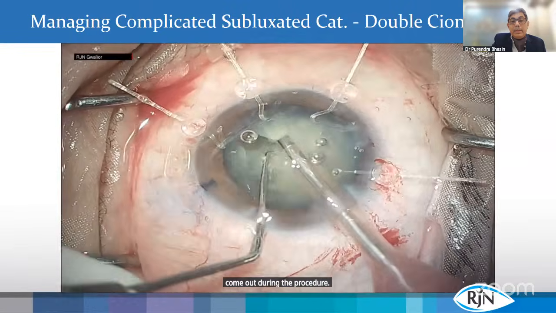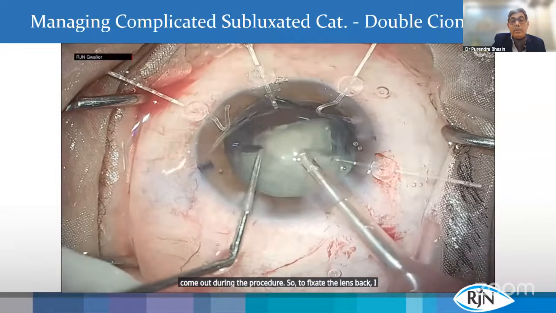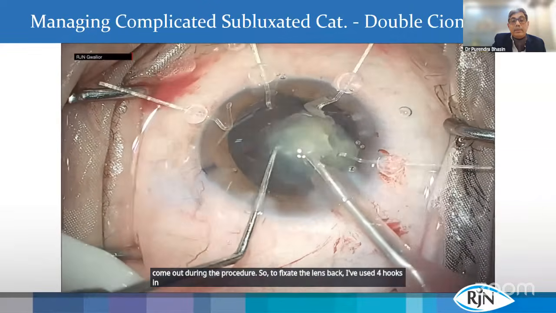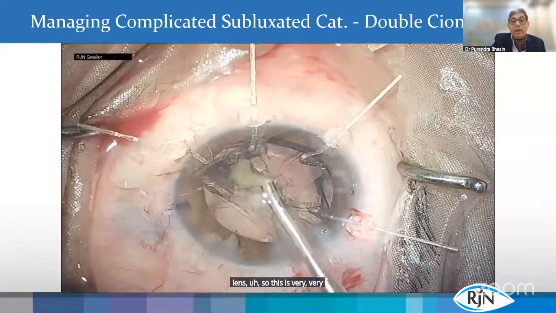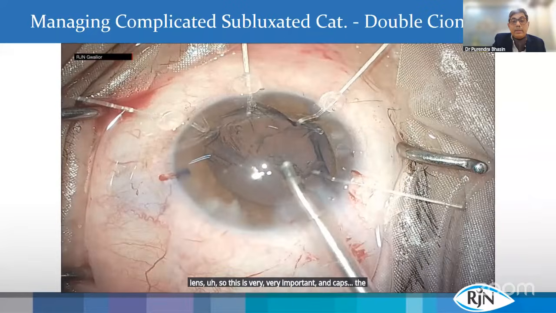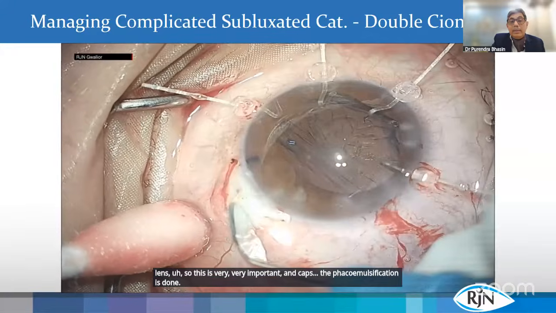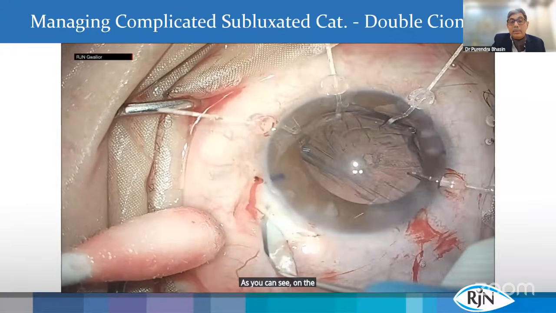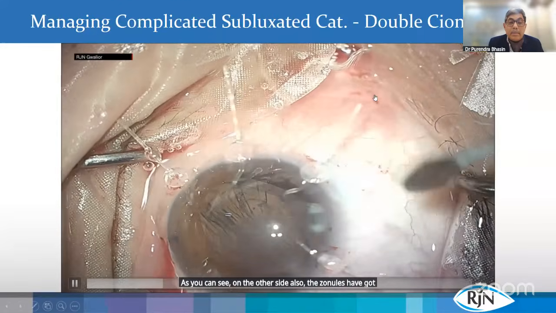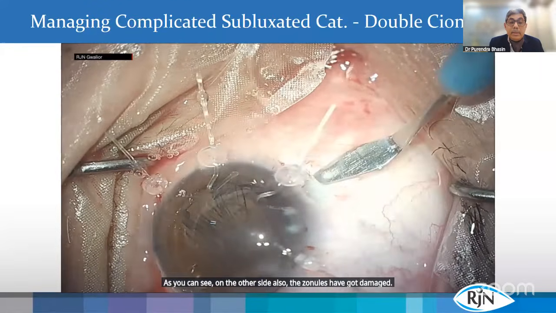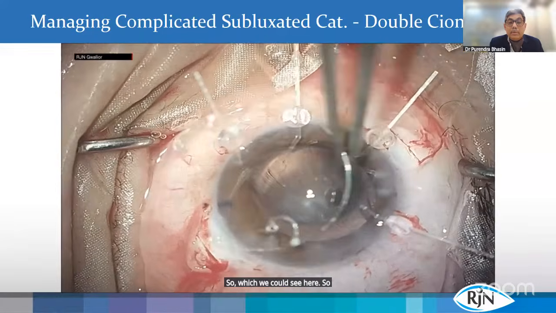To fixate the lens bag, I have used 4 hooks in half of the lens. This is very, very important. And the phacoemulsification is done. As you can see on the other side also, the zonules have got damaged, which we could see here.